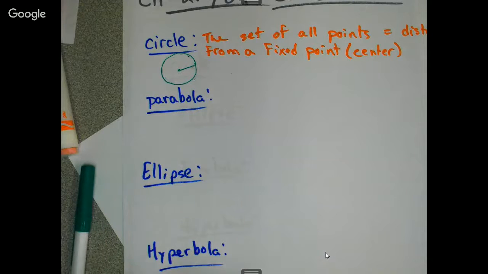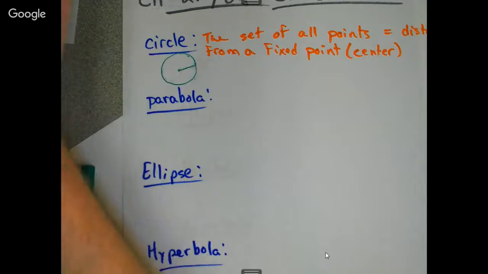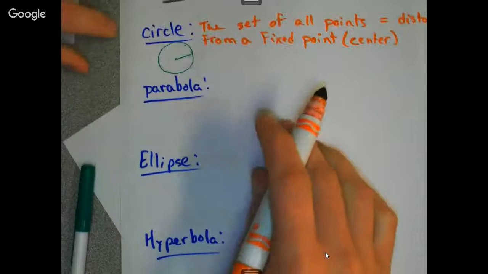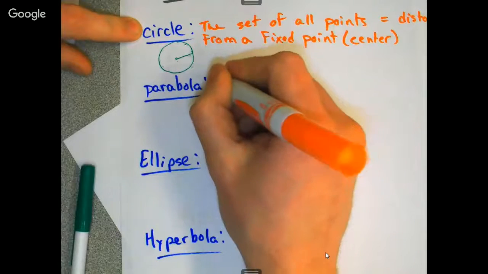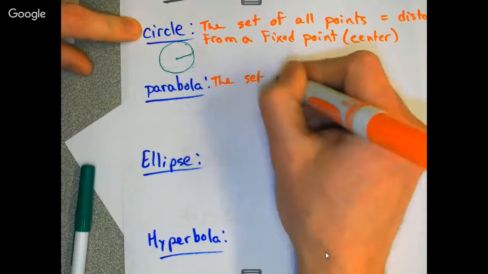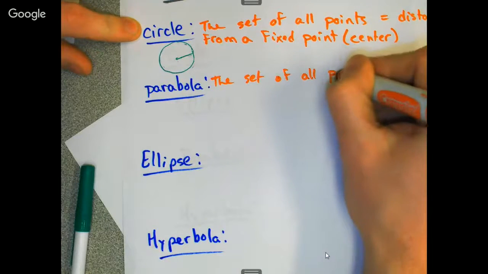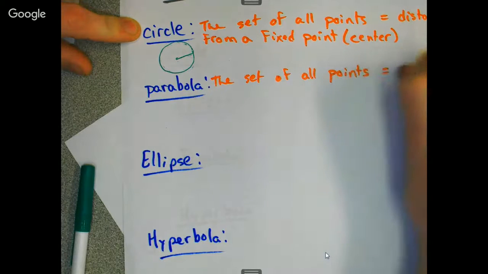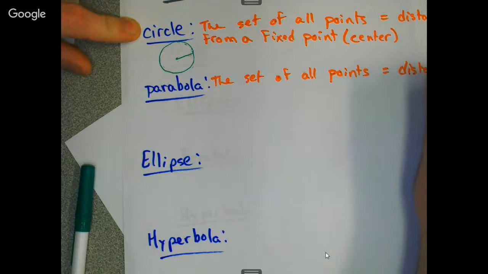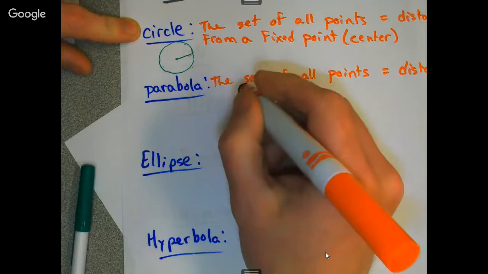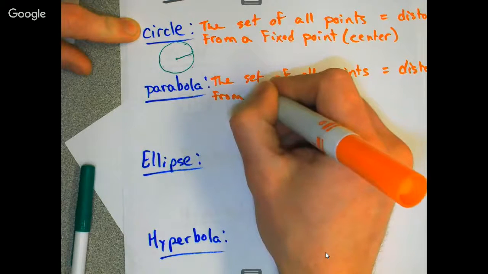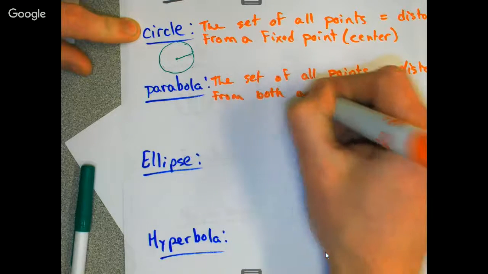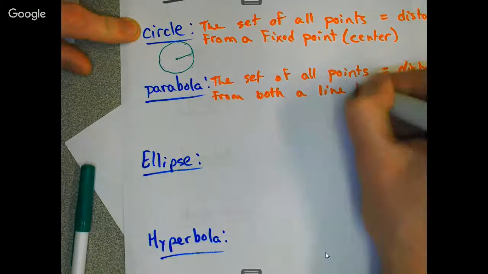Okay, a parabola is the set of all points equal distance from both a line and a point.